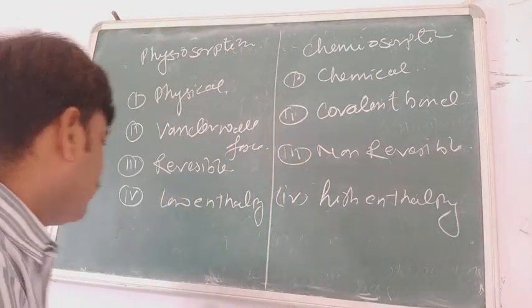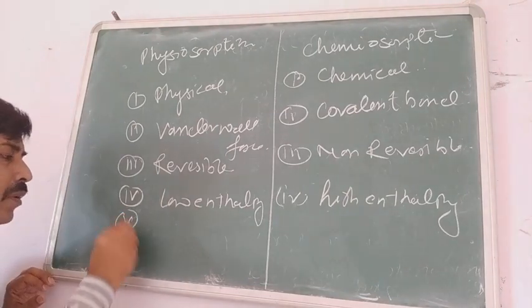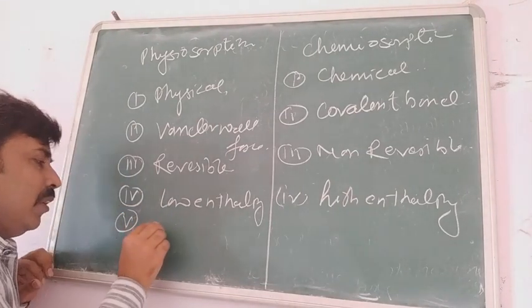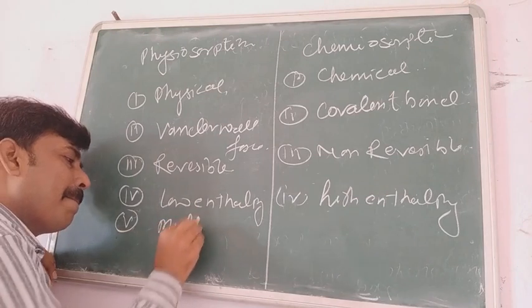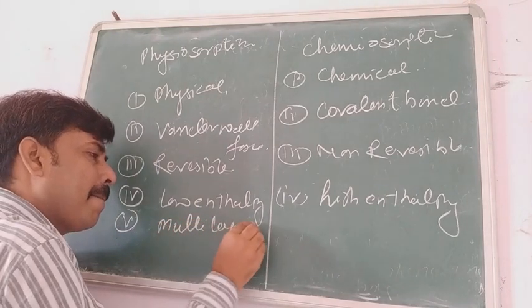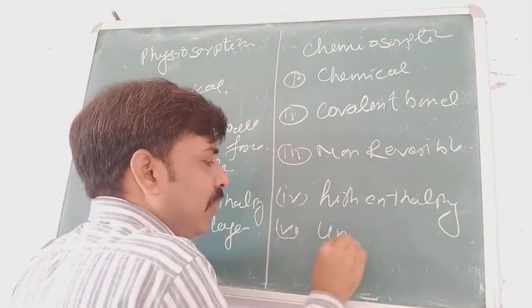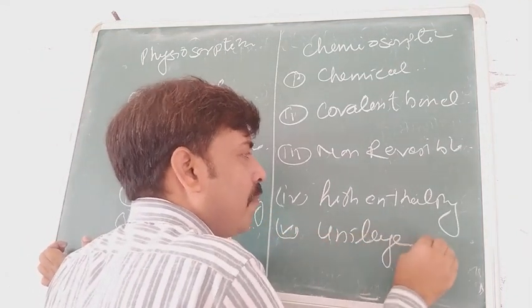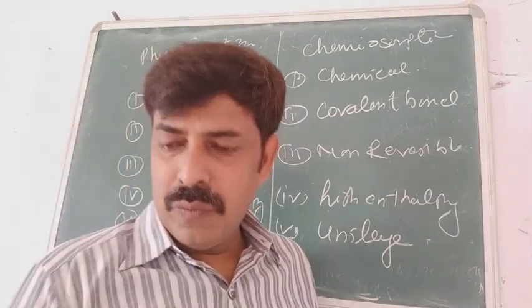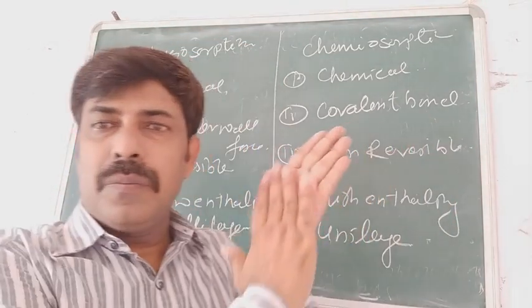The next difference: physisorption is multilayered and chemisorption is unilayered. Actually, what happens when the system approaches the surface?